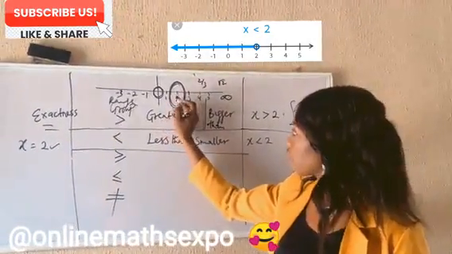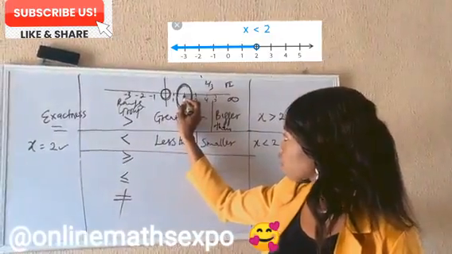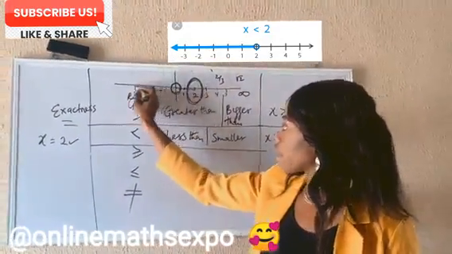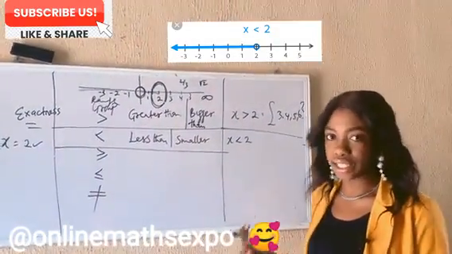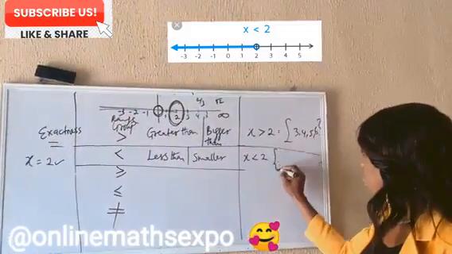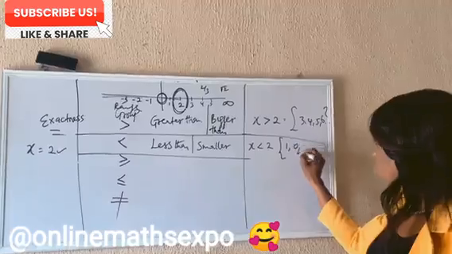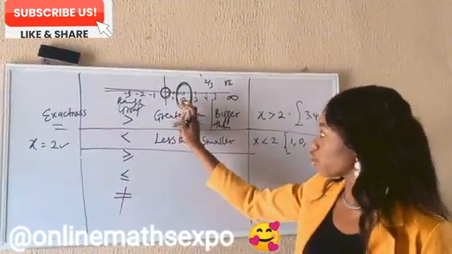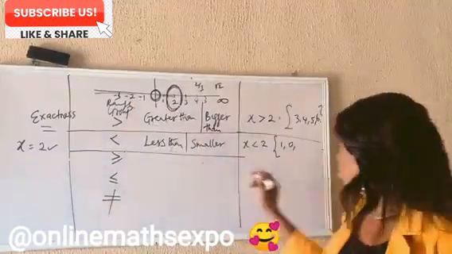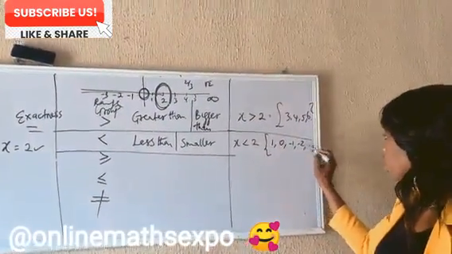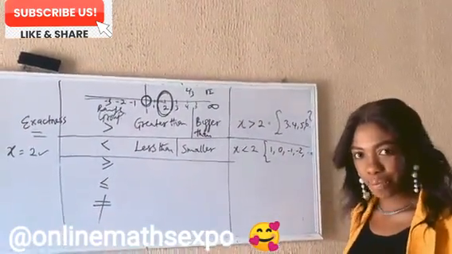In that case, we are looking at all the numbers that are smaller than 2, which is moving from this way to the left side. If we are collecting only the integers, if you don't include 2, you move negative wise. You have 1, 0, minus 1, minus 2, and so on. All these are numbers that are less than 2. I hope you are following.